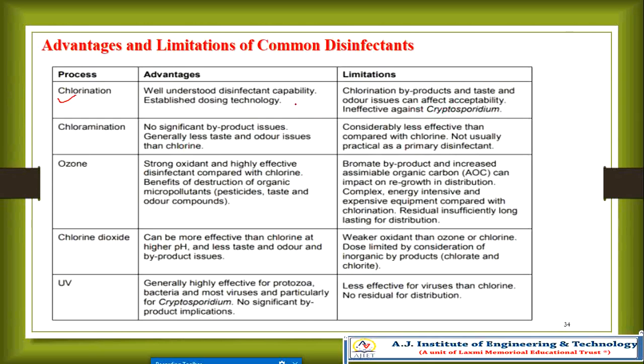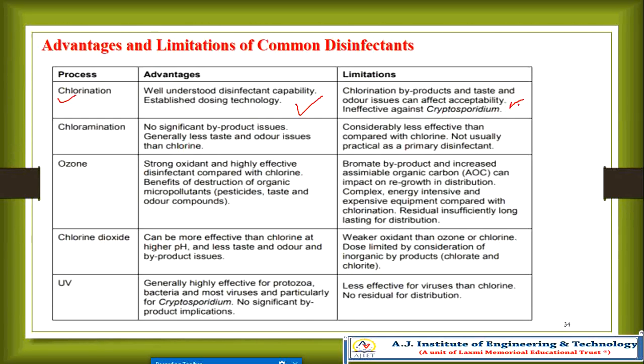This is the advantage: well understood disinfectant capability, established dosing technology, and chlorination byproduct and taste and odor can be affected acceptably. You can see some limitations: it is ineffective against cryptosporidium, and the chlorination byproduct taste and odor issue is also a little there.